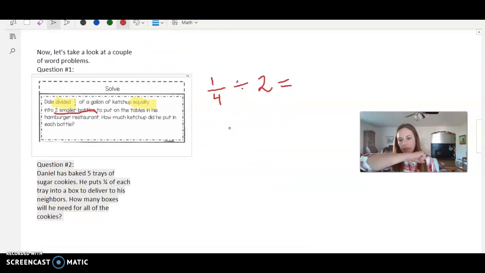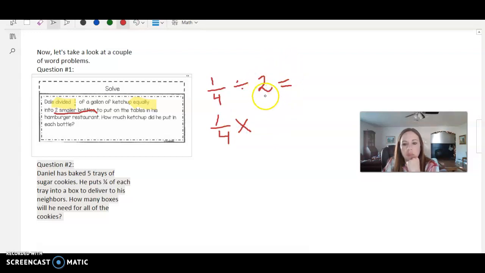So we are dividing fractions. Dividing fractions, we keep the dividend multiplied by the reciprocal. So we are going to keep our 1/4. We're going to multiply by the reciprocal of 2.